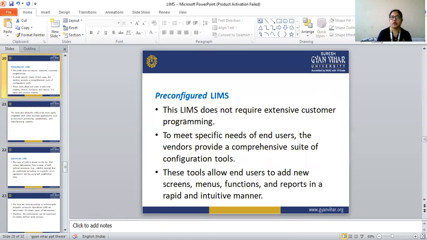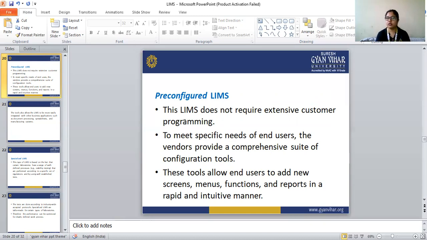Second one is pre-configured LIMS. Okay, so in this pre-configured LIMS, there are already some configurations there. We purchase the LIMS with this pre-configuration. So this LIMS does not require extensive customer programming.